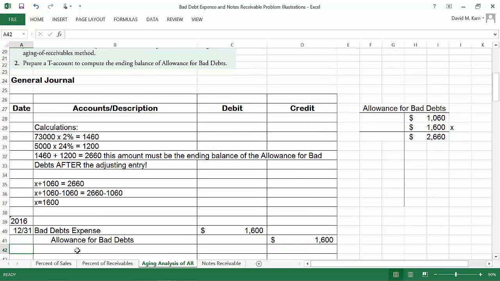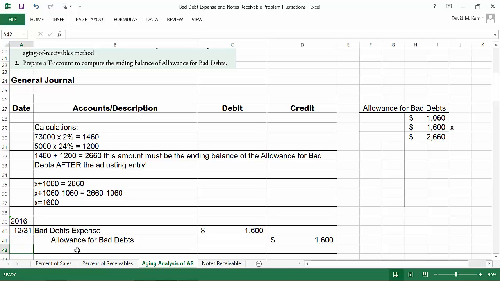Again, the key thing here is to make sure you get the proper ending balance based upon your estimates and your aging analysis, your categories times your percentages. That's got to be your ending balance of allowance for bad debt after the adjusting entry, and then just make sure you solve properly for X.